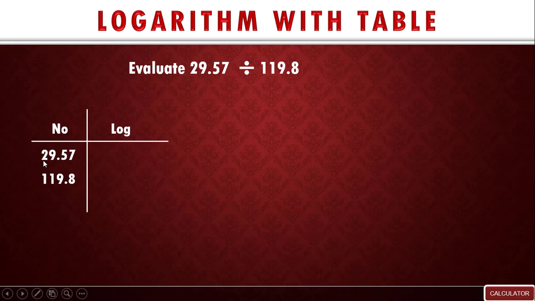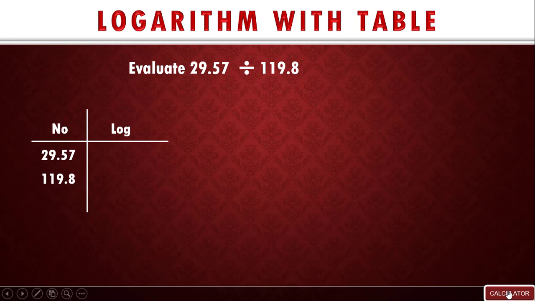So this one is 2 minus 1, and for this one, this is 3 minus 1. The characteristic of this one will be 1, and the characteristic of this one will be 2. So all you need to do is go into your 4-figure table and check 29 under 5 difference 7, 11 under 9 difference 8. Okay, for the purpose of this lesson, we're going to make use of our calculator.